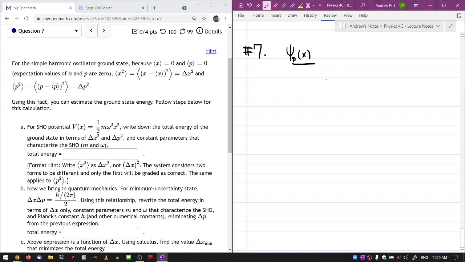Then the total energy is kinetic energy plus potential energy. So in terms of operators, this is momentum squared over 2m plus the potential energy for the simple harmonic oscillator, 1/2 m omega squared x squared, x as operator.